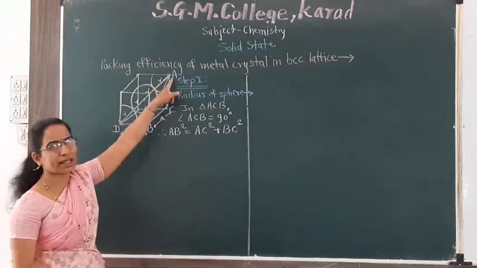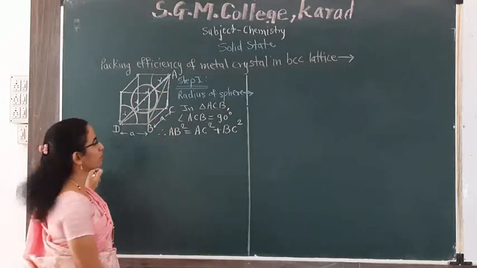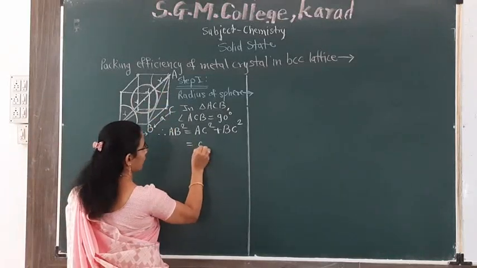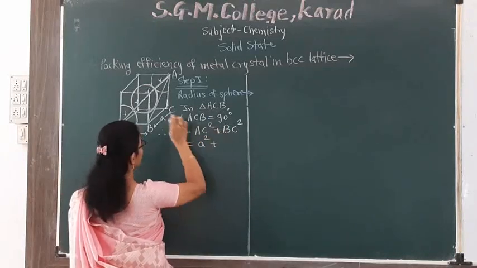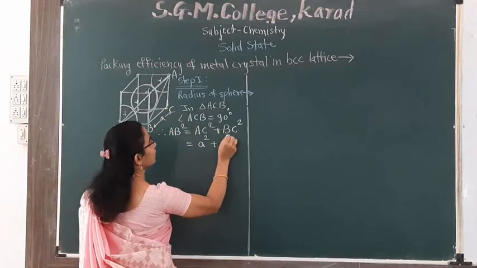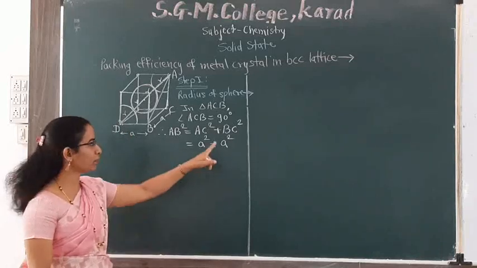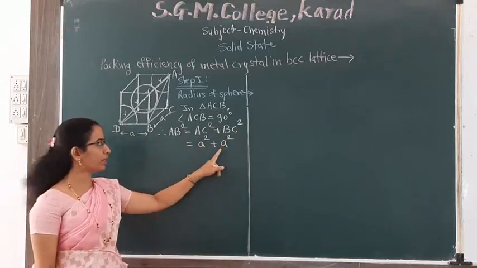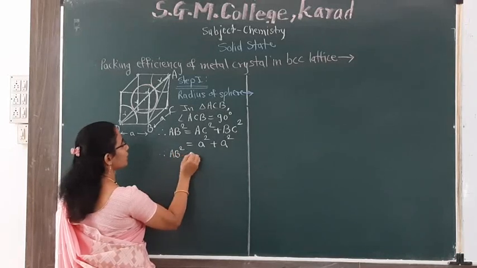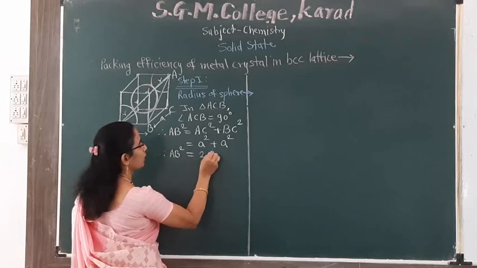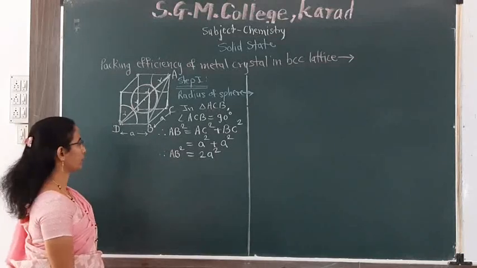Now what is AC? AC is the edge length of this cube, and therefore it will be a square. BC is also the edge length, so BC square is equal to a square, and that's why you obtain this relation: AB square is equal to 2a square.